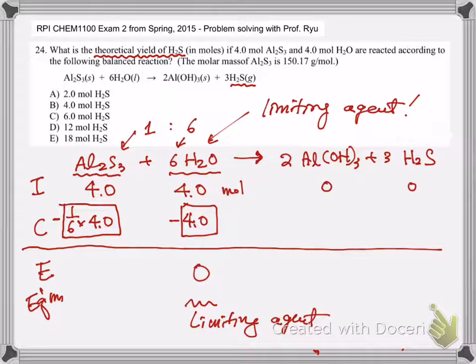And for the other one you will have 4 minus 6 over 4, so we figure out whatever moles of Al2S3 remain. Now for the other side, by consuming this much, we are going to produce. With the ratio, I use 1, they produce 2.